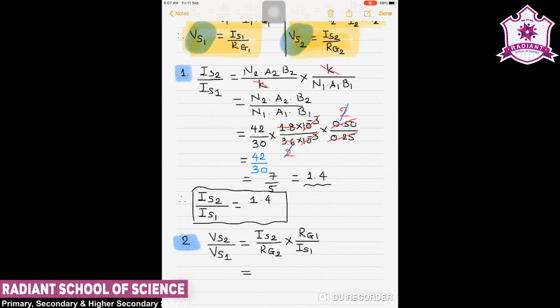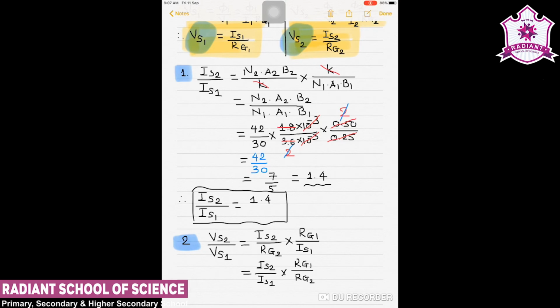We already have the ratio of IS2 upon IS1 in the upper part, so we need just the values of RG1 and RG2 to put over here.